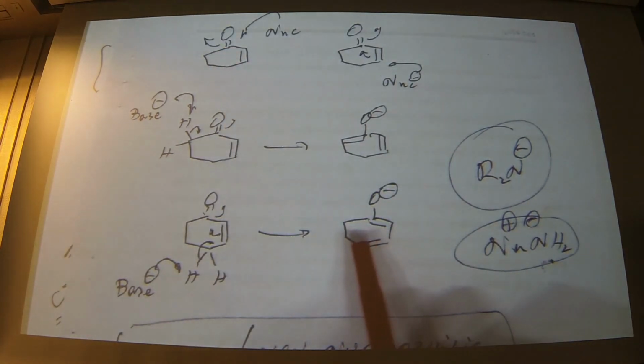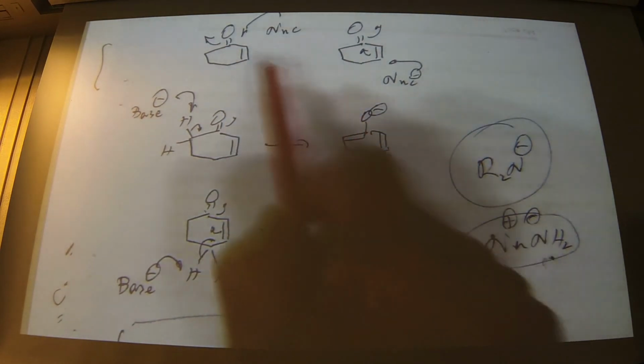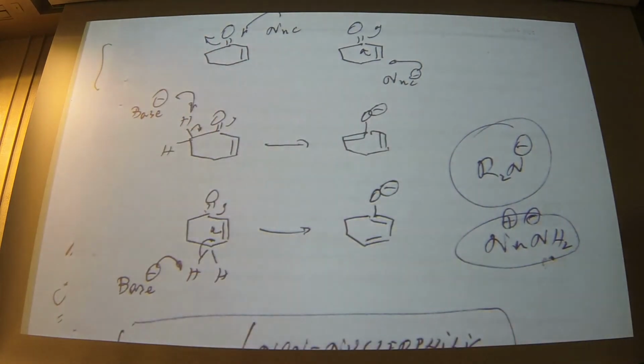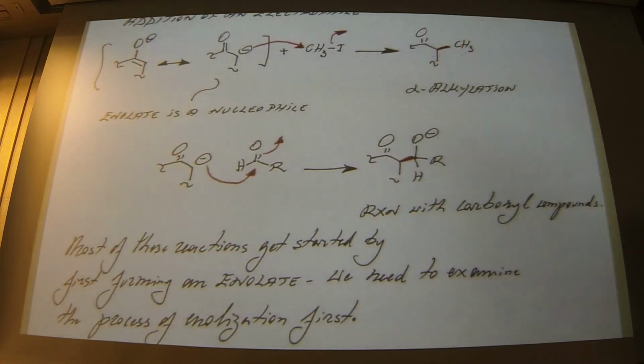Because this is a nucleophile, and that's an electrophile. And so all of a sudden, you can see how combining a ketone with an enolate can give rise to lots and lots of new compounds. And that turns out to be a key reaction in biochemistry, as well as organic synthesis.